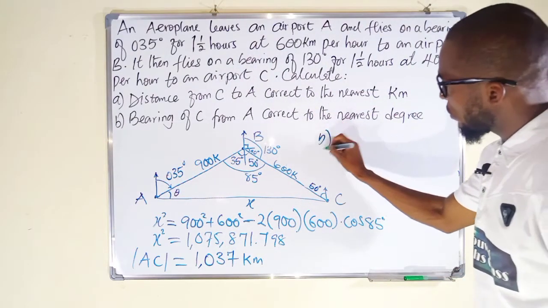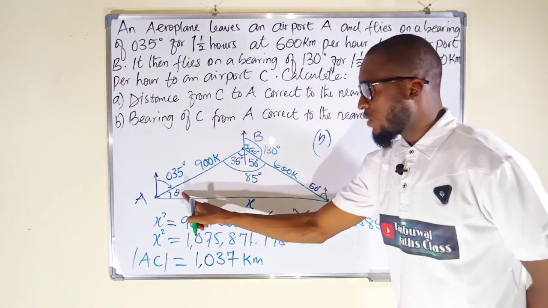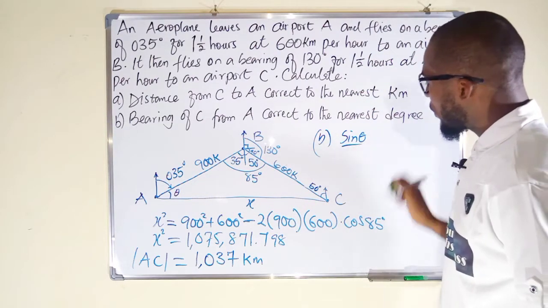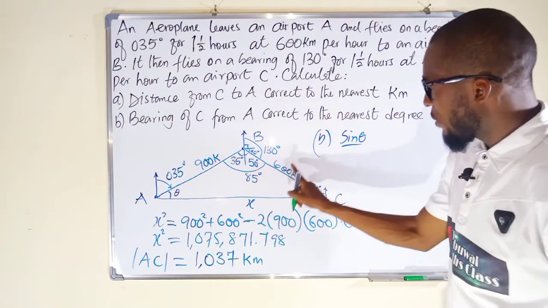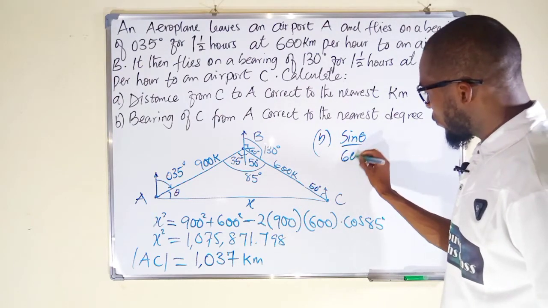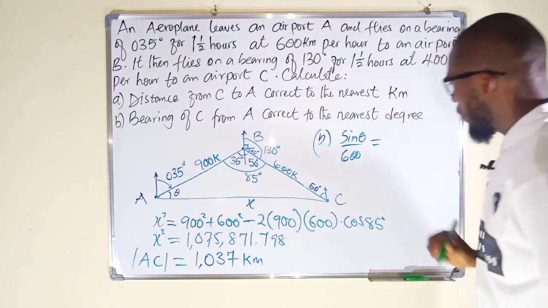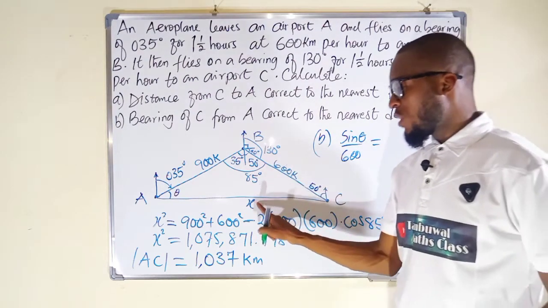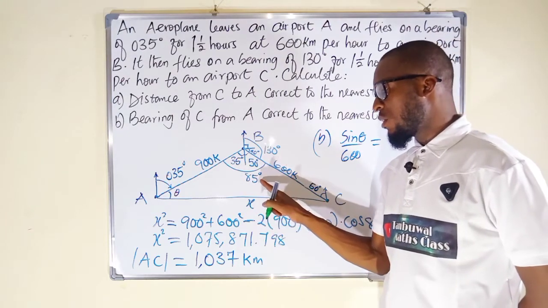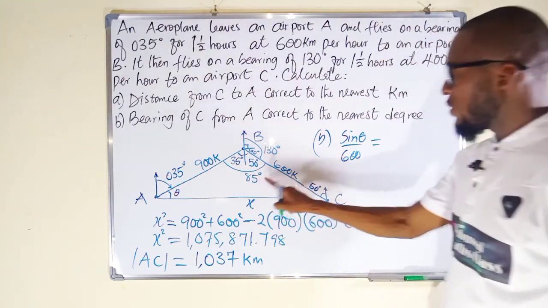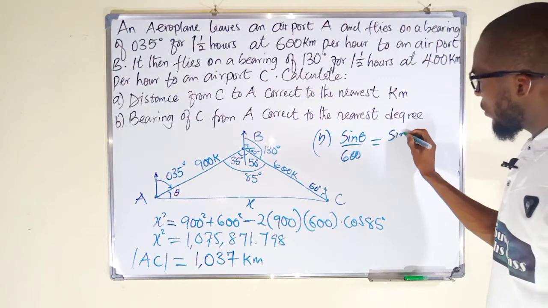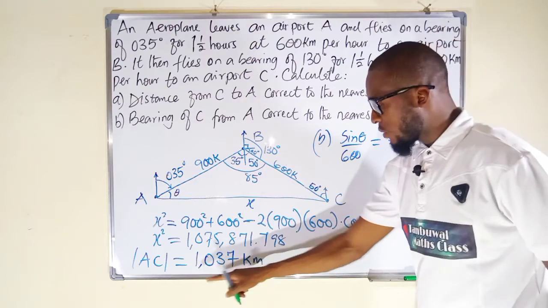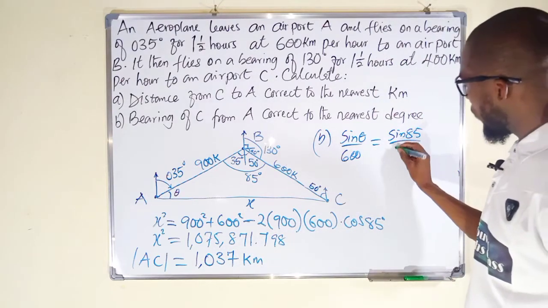So sine theta over the opposite length, and this is the opposite length, 600. These are ratios. Must be equal to, we can use one of these, but for this we have the length and also the angle, so we can use this other one. Sine 85 over X, and X is 1037.